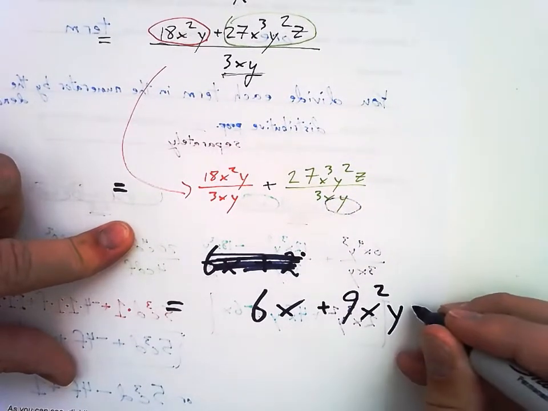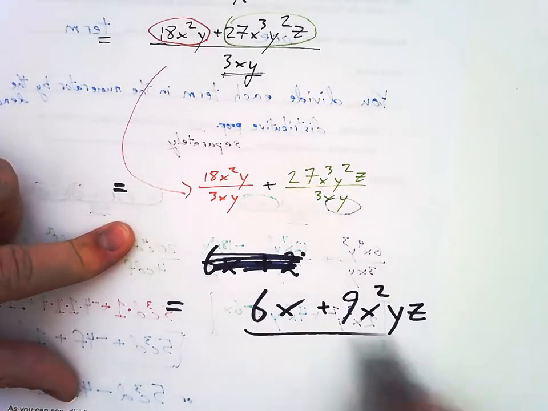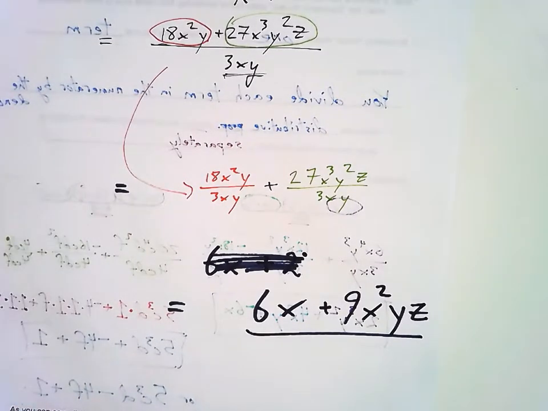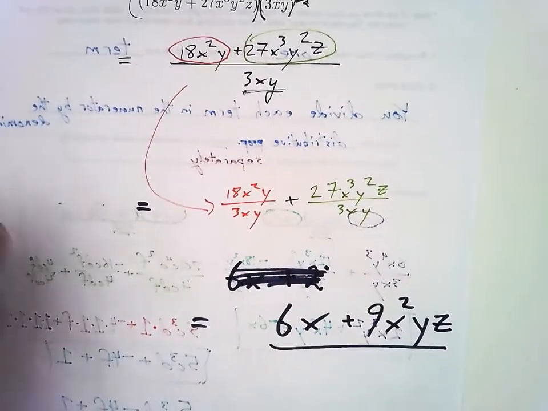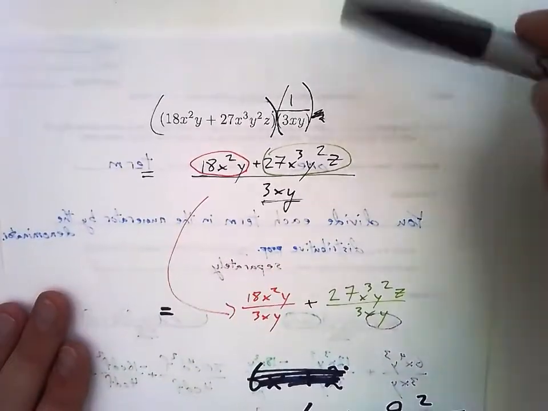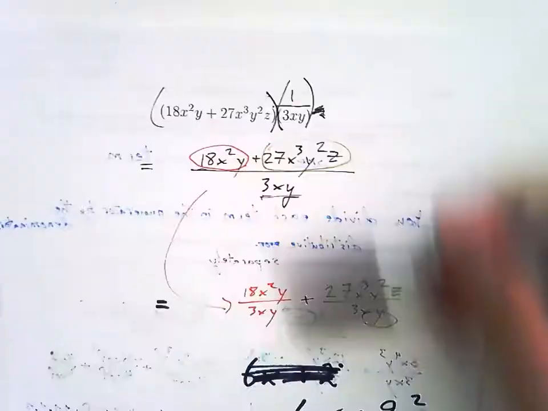We got a y and a z. Should be the final answer there. Okay. Sorry, this ink bled through on the other side a little bit. So remember, the negative power flips it, and then it's dividing just like those examples on the front.